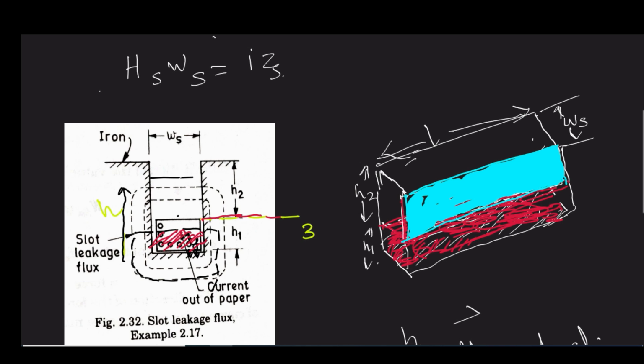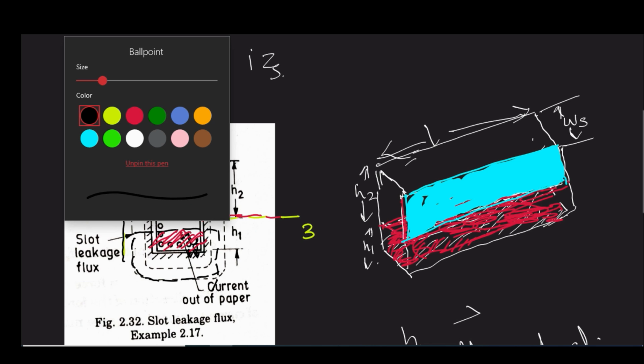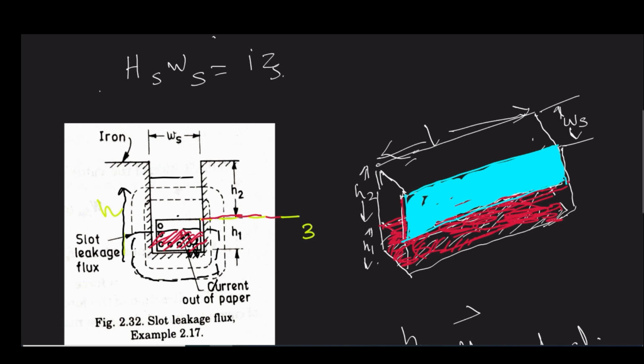So why are we considering this side area? We are considering this side area because this side area is experiencing the flux density. What is that flux density? Flux density perpendicular to this area is like, flux is perpendicular to this, and this dotted line is here, right?